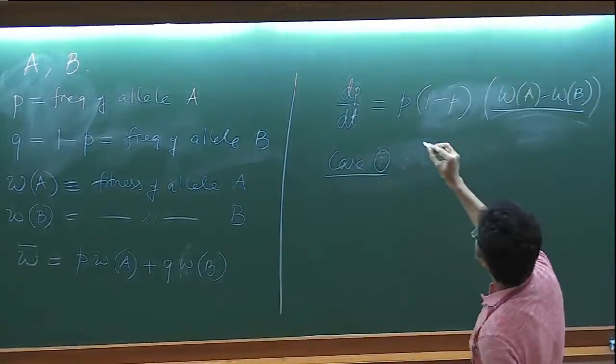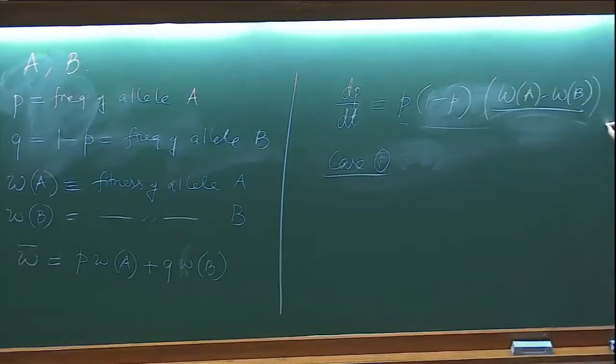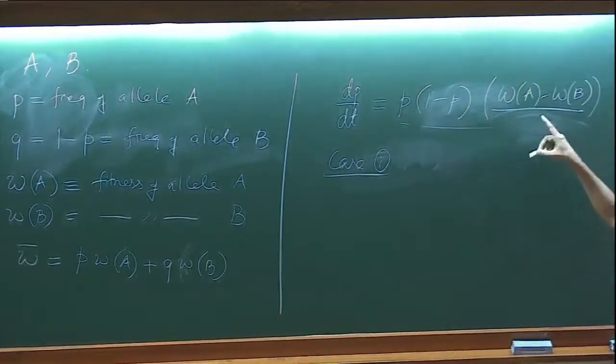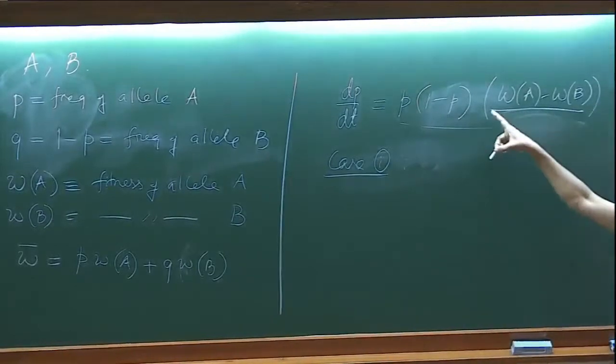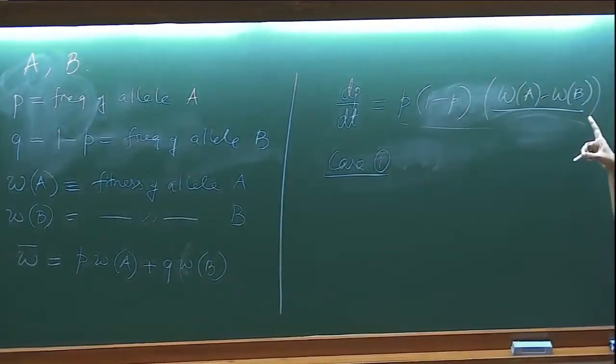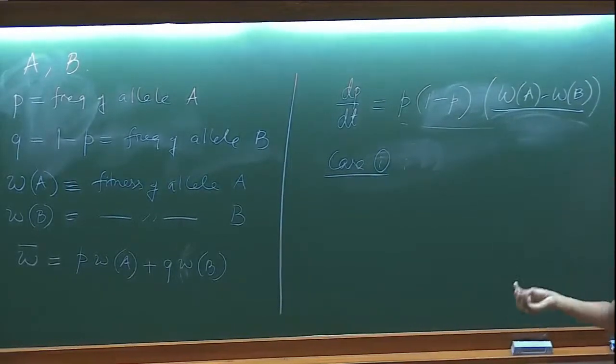Can I plot this, by the way? I can plot this. We know what P into 1 minus P is, but does this depend on P? No? How many of you say no? Okay, fantastic.